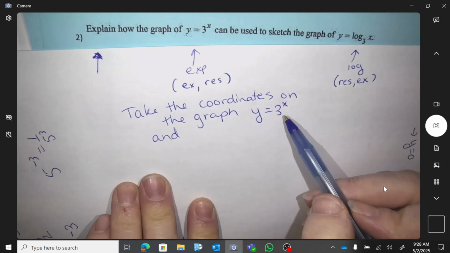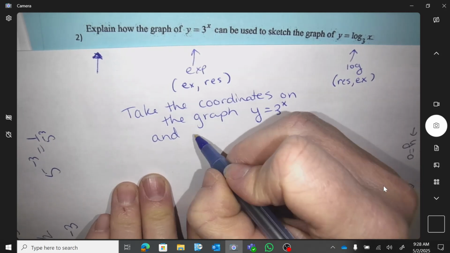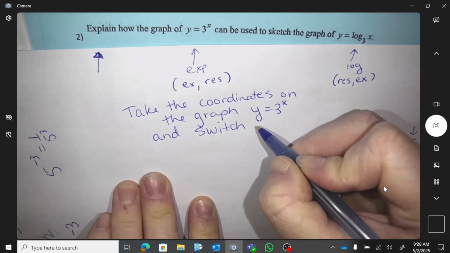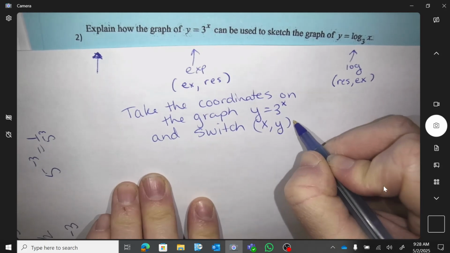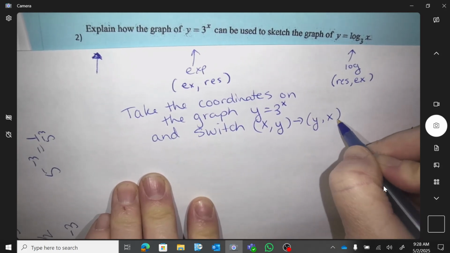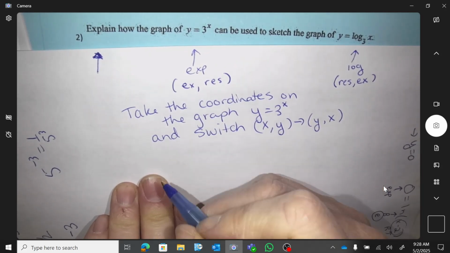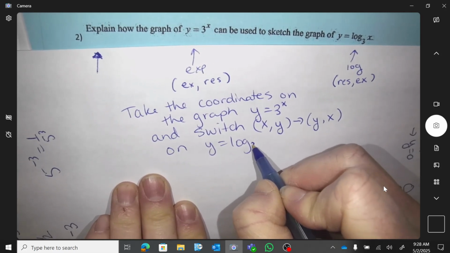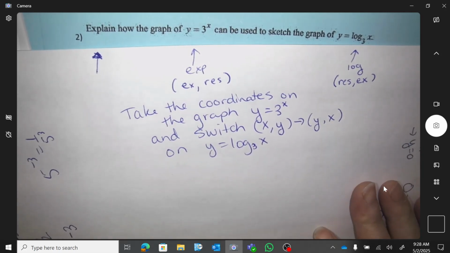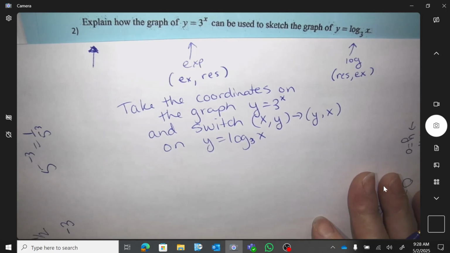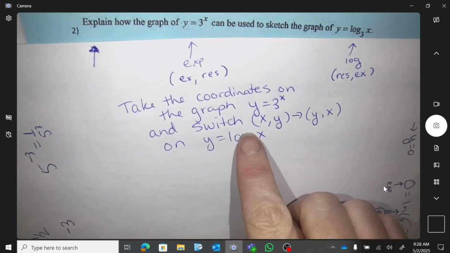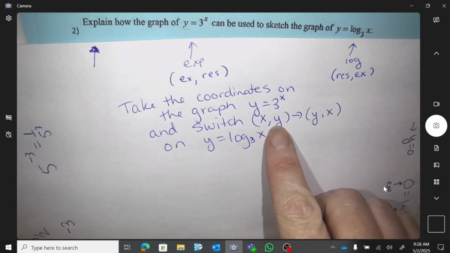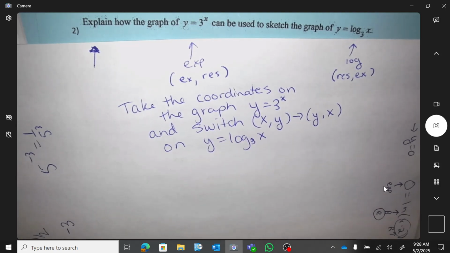Take the coordinates on that graph and, should we say, switch x and y? Okay, so I had to write words. So I said to take the coordinates off of this graph, and you're going to switch the coordinates around.